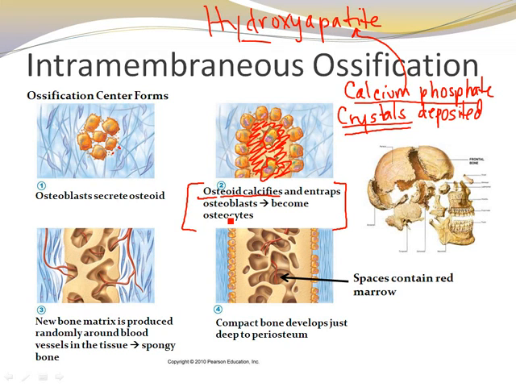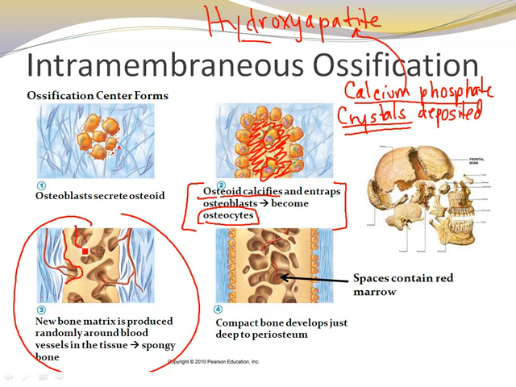Those cells entrap themselves. Remember I mentioned once they do that, they become osteocytes, and their job is now to maintain the bony matrix. Now on this part of the diagram, they're zooming out further, and they're showing you this spongy bone that's being developed through there.